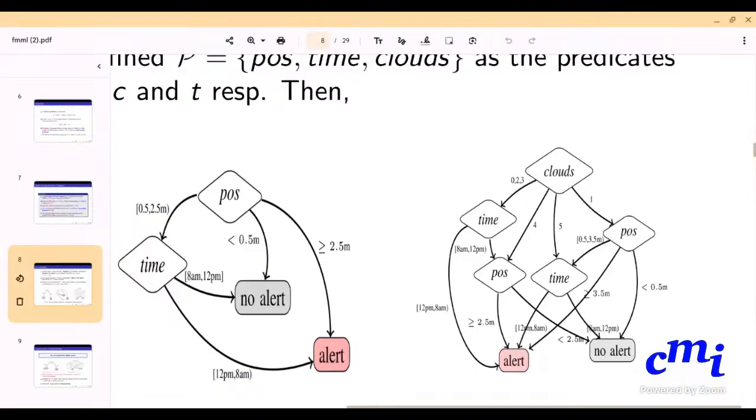Then only one of them will be true. Either this can be true or this can be true. This can be 1, all the rest is 0. So it can never be the case that two of them are true simultaneously. So it is a predicate.